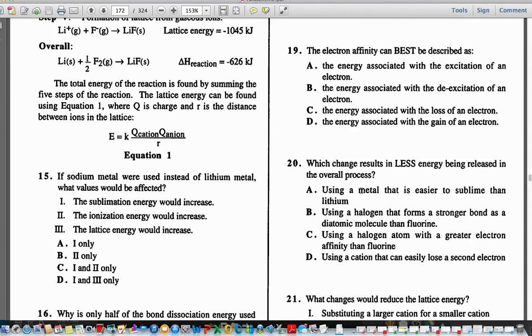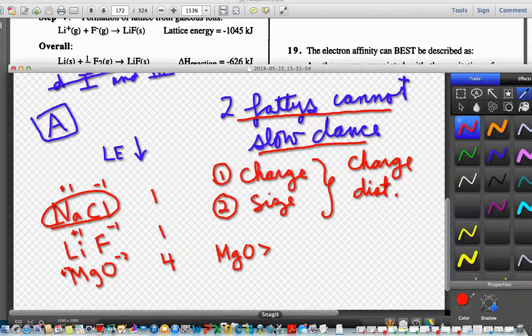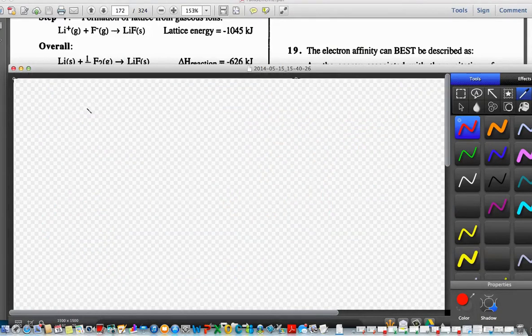Electron affinity. Okay, another nice periodic trend to know. So electron affinity refers to the amount of energy that is released when an element takes on an electron to become an anion.